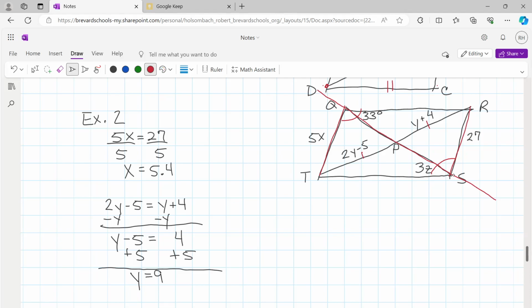It's harder to see because everything stops at these vertices, but QS is actually a transversal. And this 33-degree angle and this angle that measures 3Z are alternate interior angles. So those two angles are congruent to each other. So 3Z is equal to 33. And we can divide each side by 3. And our Z is equal to 11.